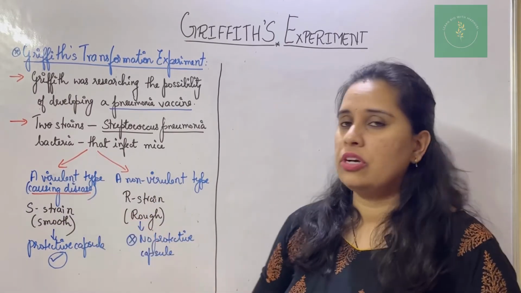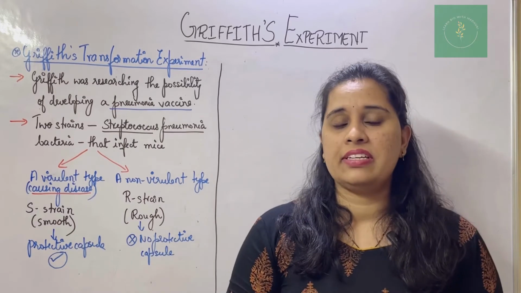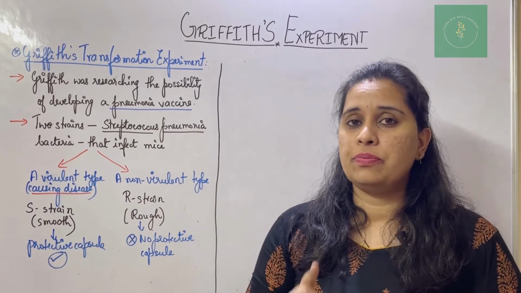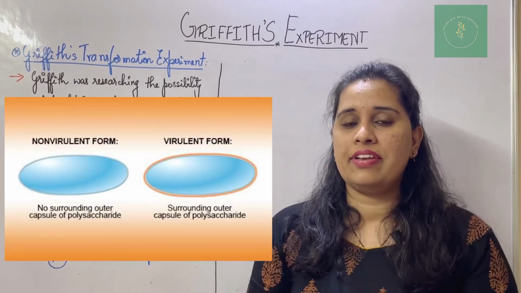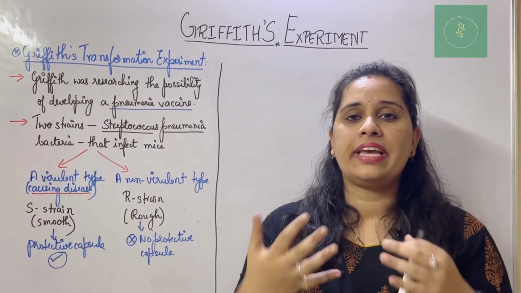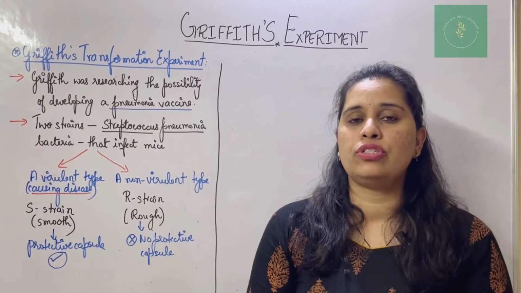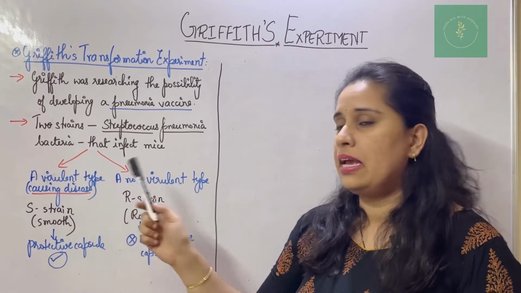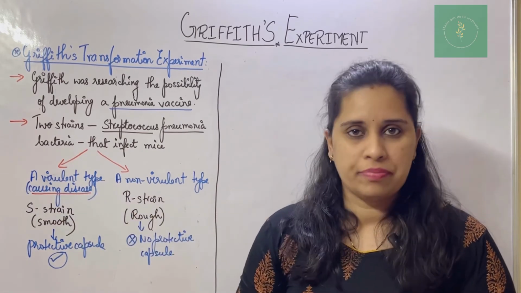The first one, as I have told you previously, is the S strain, a smooth strain. And why is it called smooth strain? Because it has a covering or a protective layer or a capsule which can protect itself from the host immune system, and that is why it's called a virulent or disease-causing type of bacteria.